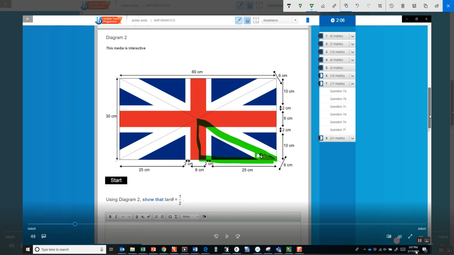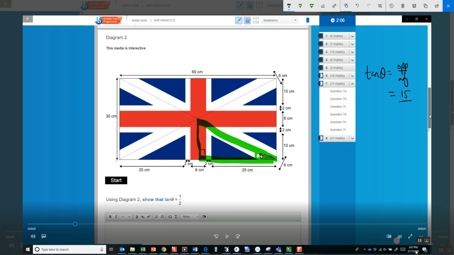So what is the height of the triangle if I'm going from the bottom up to halfway? It's 15, okay. So tan of the angle is equal to, we said, opposite over adjacent. The height of the triangle is the opposite, which is 15.